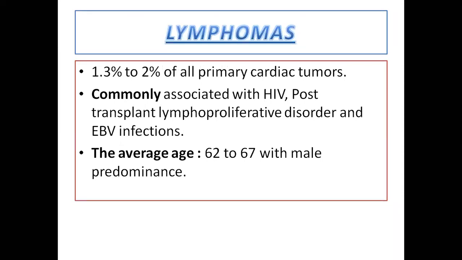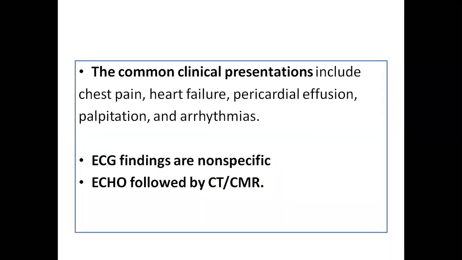Lymphoma accounts for 1.3 to 2% of all primary cardiac tumors, commonly associated with HIV, post-transplant lymphoproliferative disorder, and Epstein-Barr virus. The average age is 60 to 70, with a male predominance. The clinical presentation is chest pain and heart failure with pericardial effusion.